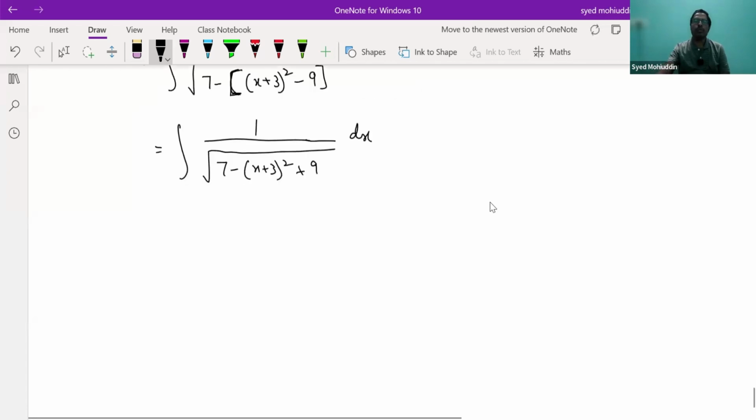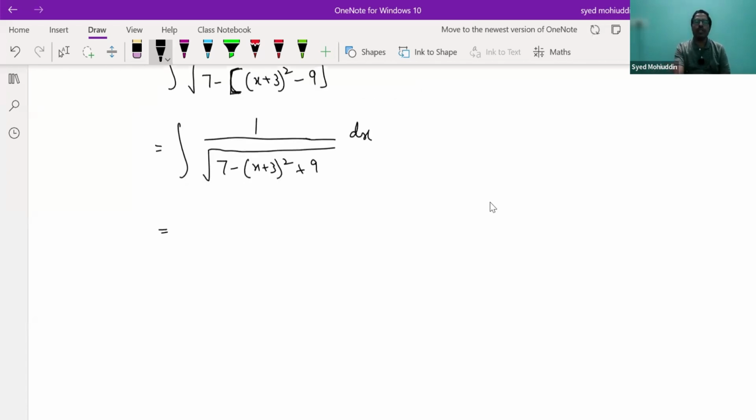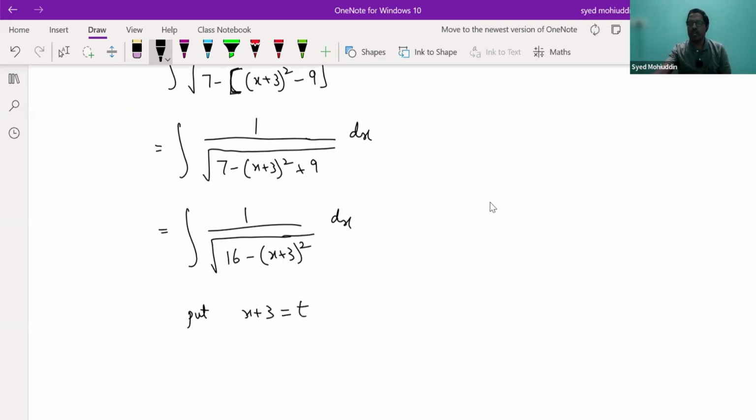Further, if you try to simplify this one, this will give us the integral of 1 by root of 7 plus 9, which gives us 16, minus (x + 3)², times dx. Now you can use the substitution method. Put x + 3 equal to t.